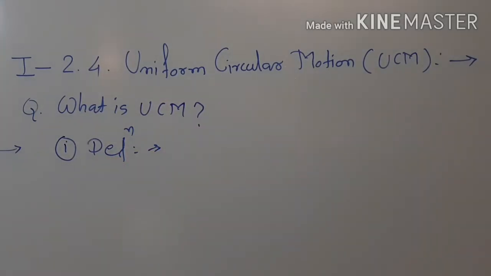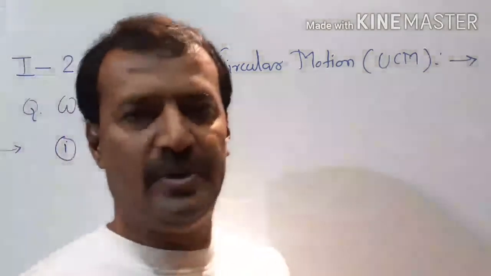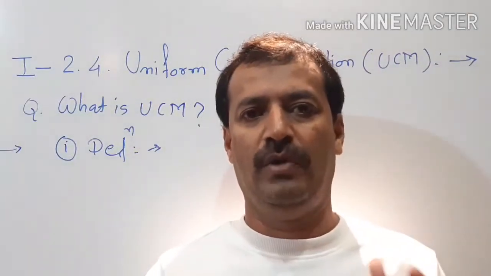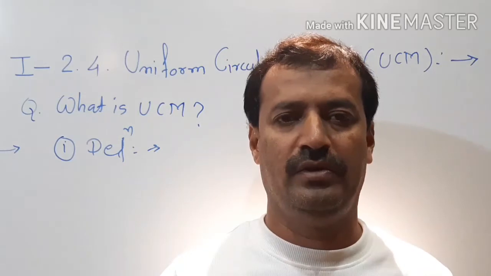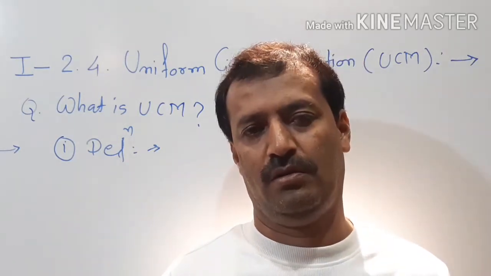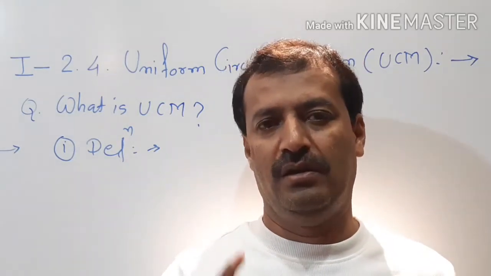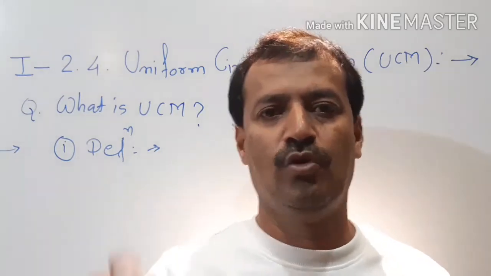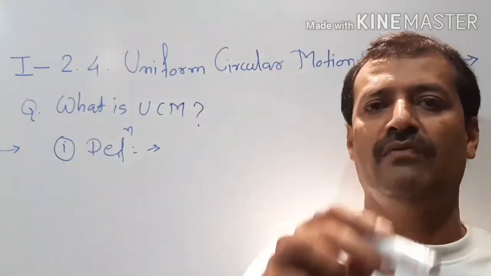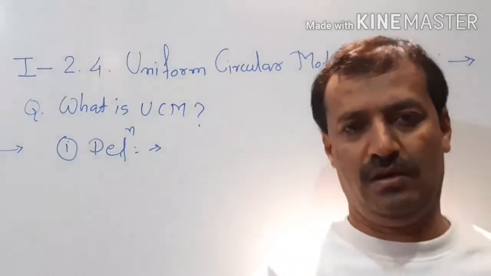Now, the definition of uniform circular motion. This definition is formed by using the definition of circular motion. We know that circular motion is the motion of a particle along the circumference of the circle.